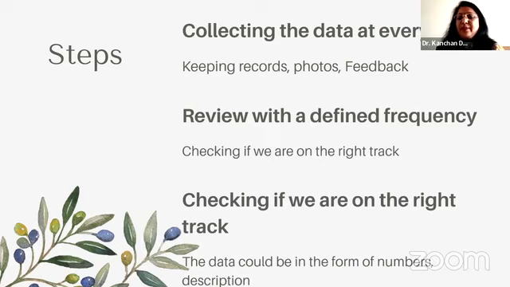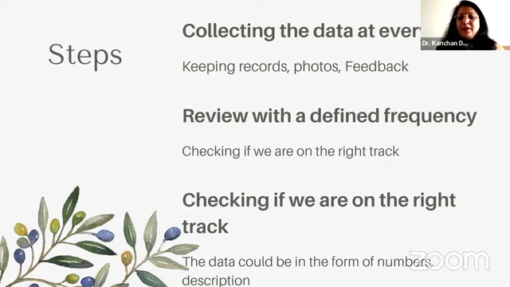Review with a defined frequency is something very, very important. Checking if we are on the right track, because when you define the action plan, you have the steps in the action plan. Say for the month of June, you have these steps to be covered. So weekly once the test will be covered. Say monthly twice, you're connecting to the parents, or you divide the parents into different groups, and you have a particular schedule that during this week I'm going to call these parents to ask how much their child is able to understand about this particular concept, or you want to have a PTM and discuss particularly about this problem.